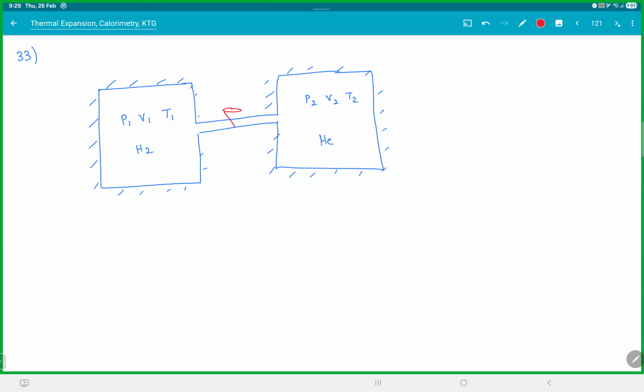And you have a stopper in the middle. Now, if you remove this stopper or a tap, the gases get mixed up completely. Find the final pressure and final temperature. These containers are insulated, okay? So heat cannot go out or cannot come inside. Find the final temperature and the pressure when the tap is opened.